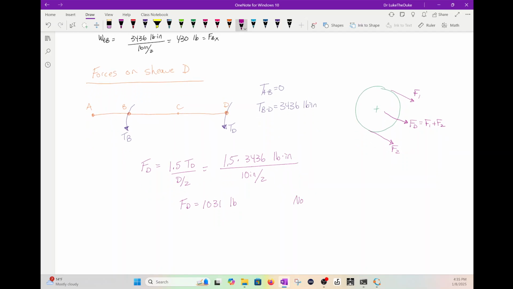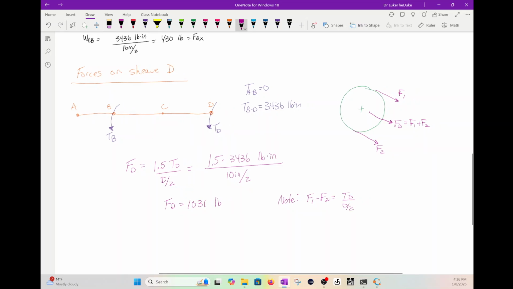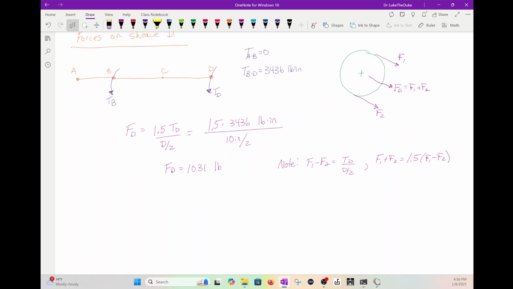And just to note, other formulas: F1 minus F2 is TD over D over 2 as well, and F1 plus F2 is 1.5 times F1 minus F2. But just use this equation right here to find that force. What we need to do now is, that's at that 40-degree angle, so we need to find the components.